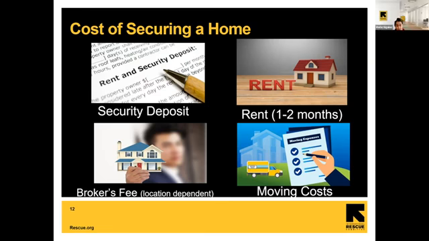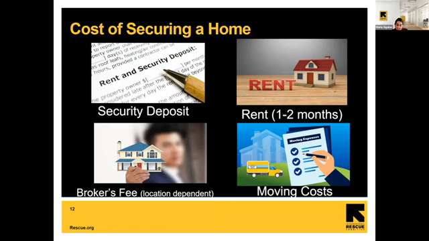Some other things to think about are the moving costs, right? If you live in an apartment now and you're moving to a new place, you might need to pay for a truck or a van to move all of your stuff. And some places have a broker's fee. Not everywhere, but for example, in New York, if you are working with a real estate agent to find an apartment, they'll likely charge you a fee for their help in finding the apartment.